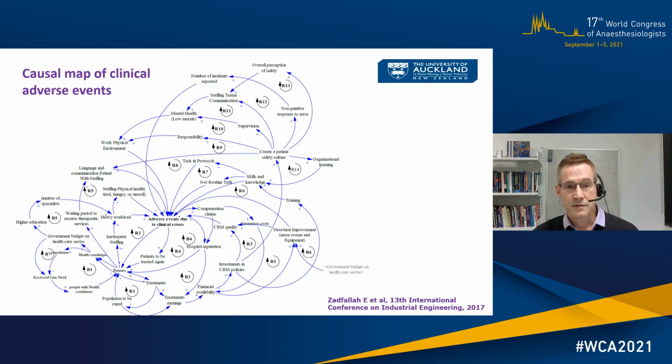The situation for stopping adverse events happening or improving safety in healthcare is not quite so simple as this causal map of clinical adverse events demonstrates. I don't expect you to follow all the little blue arrows here, but the point is that this is a very nonlinear system. On top of this nonlinearity, safety interventions are often iterative.